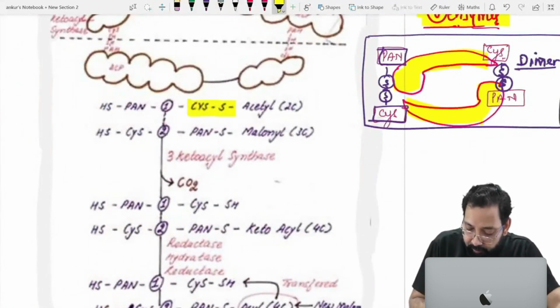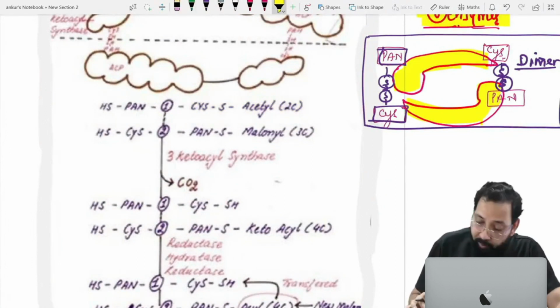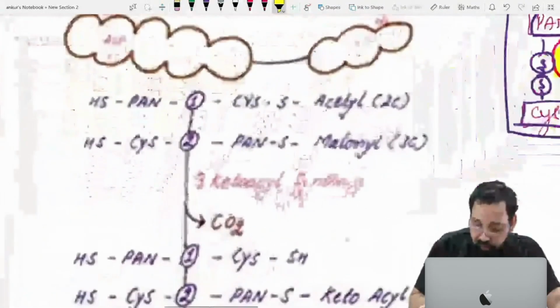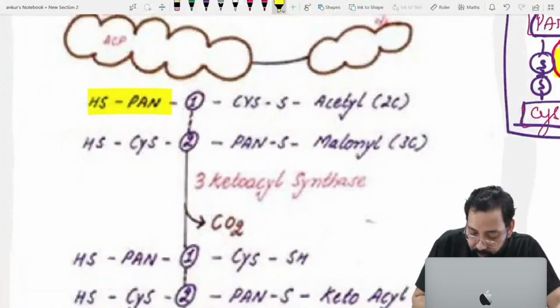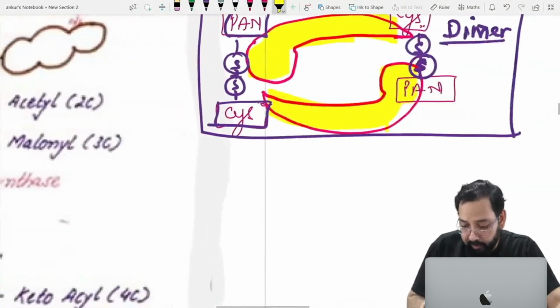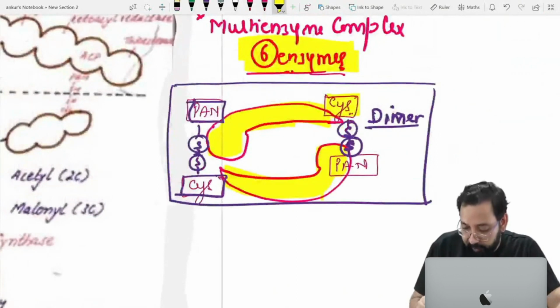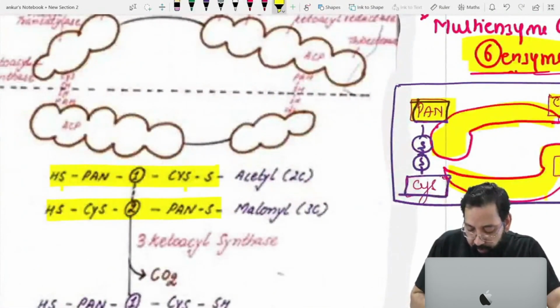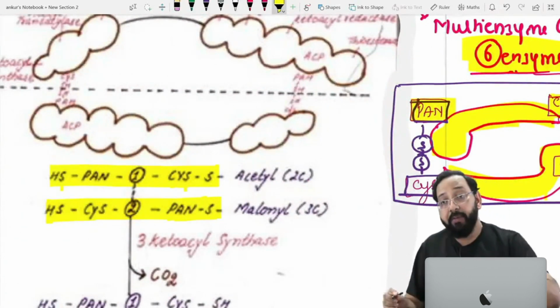You can remember this structure in this form. This is the first unit having a cysteine end and a pan end. This is the second unit having a cysteine end and a pan end. And you can remember it like this.